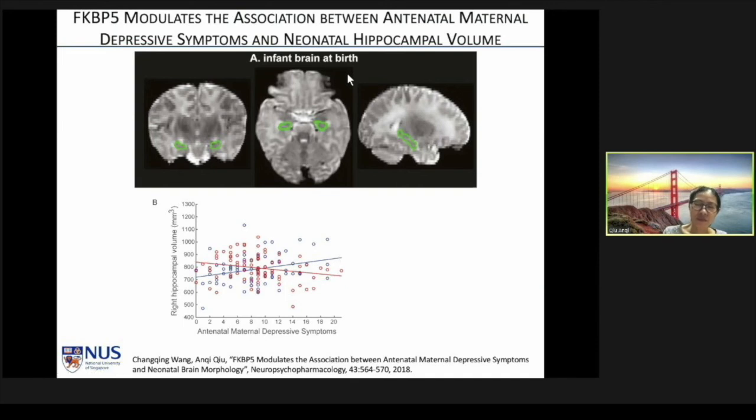This is consistent with what we just showed in the previous slides, that the right hippocampal volume is associated with larger maternal depressive symptoms. So this gives us quite a bit of statistical power to look at genes as a set together in order to boost up the statistical power.